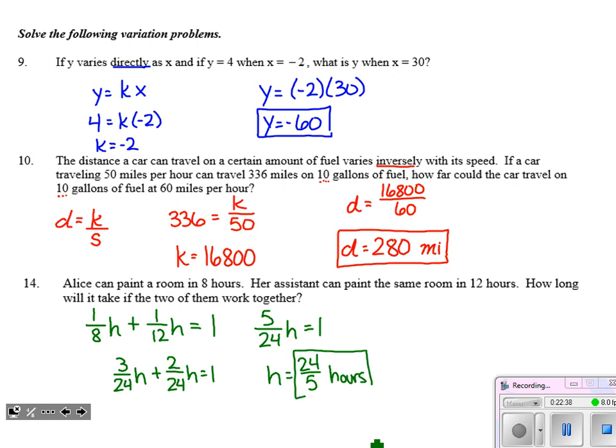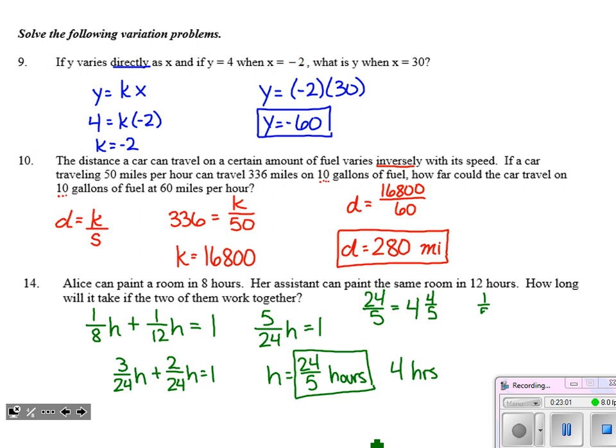And that is an acceptable answer, but if anybody is looking for a point of extra credit, we can be more specific than that. Right? 24/5 is equal to 4 4/5. That means it's going to be 4 hours and 4/5 of another hour.